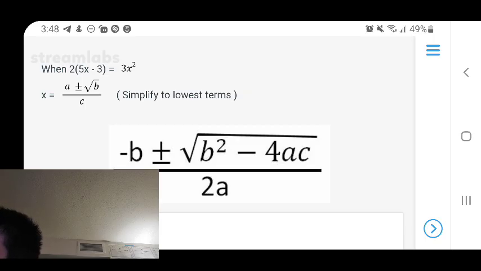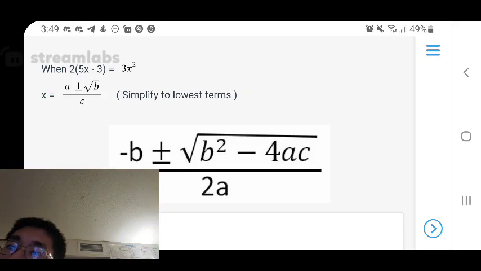Plus or minus 100 minus... I think my laptop just died. No, it's good. 4 times 3 is 12, times 6 is 72. It's 100 minus 72, in my head that's 28, over 6.